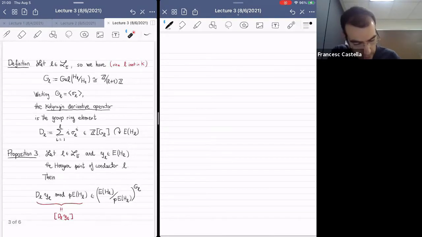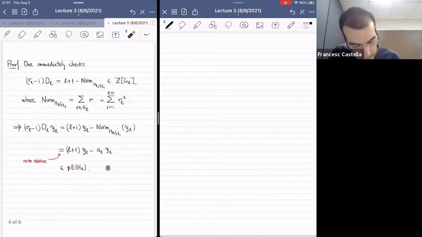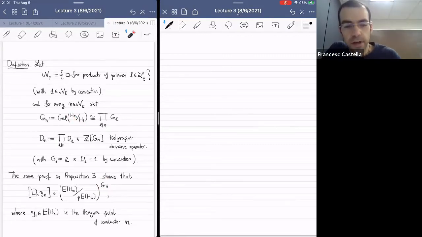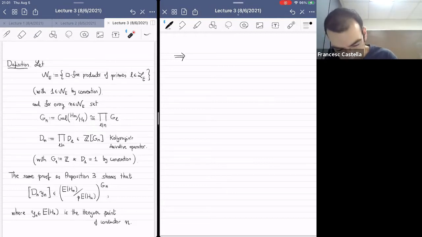Okay, so we can almost do that now, but we just need one additional step, because taking Gn invariants is going to descend from Hn down to H1. So to go to K, we just need to do some further averaging to make things descend to K. So we now do the following averaging.